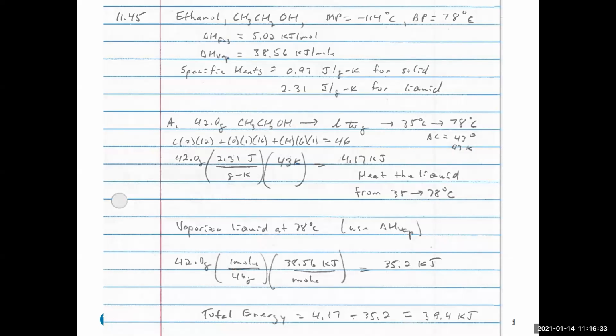And so 35 to 78 degrees, that difference is 43 degrees. The other thing we're going to do is find out what the molecular weight of ethanol is. And that's what we have calculated here. So 2 times 12 for the carbons. We have 1 oxygen, so that's 16. We have 6 hydrogen atoms for 6. And so that total molecular weight for the ethanol is 46.